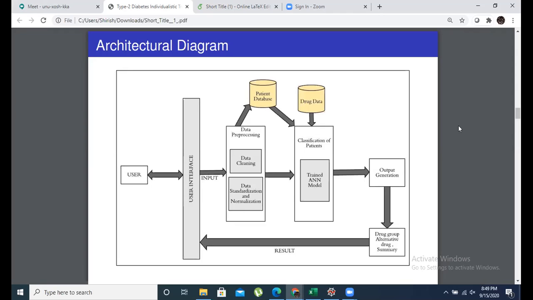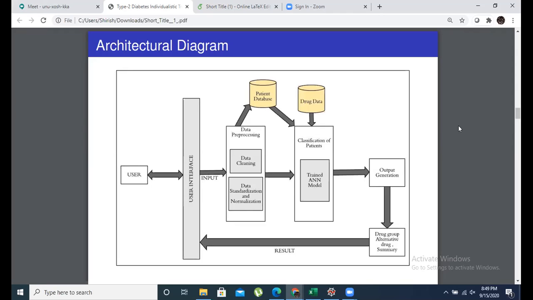That will be trained by an ANN model. We have chosen the ANN model because it is more accurate, and it is more useful for the doctor to be precise in giving the drug to that patient.